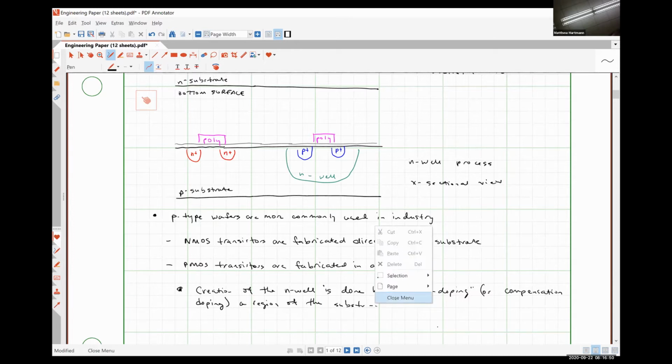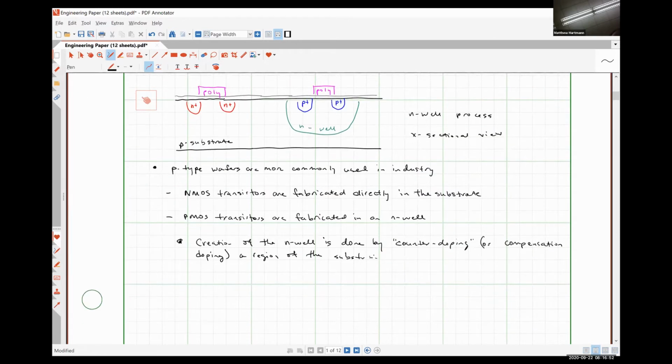So compensation doping. Let's say that we have a P-type substrate and we want to create a PNP transistor in it. That means we're going to have to fabricate an N well.